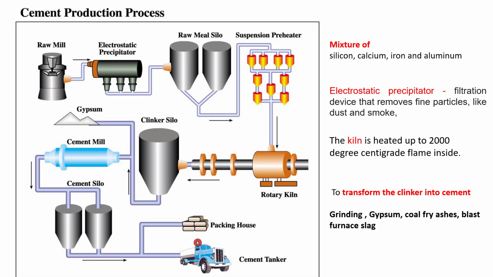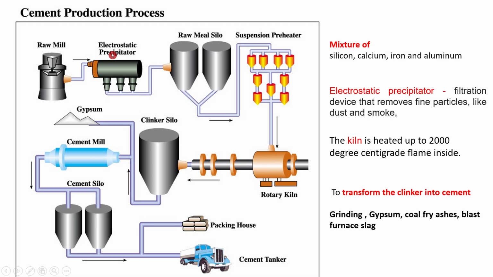Now we will see in detail the cement production process. This is the complete set of figures. In the raw mill, we will mix silicon, calcium, iron and aluminium, and it is passed through the electrostatic precipitator, and it is stored in the silos. From the silos, based on the requirement, it is passed to the rotary kiln, where we apply the temperature.